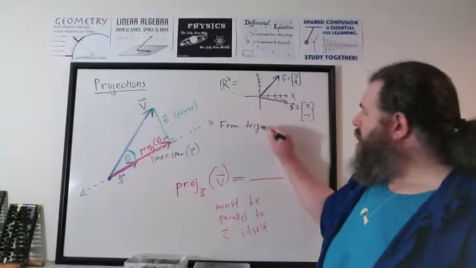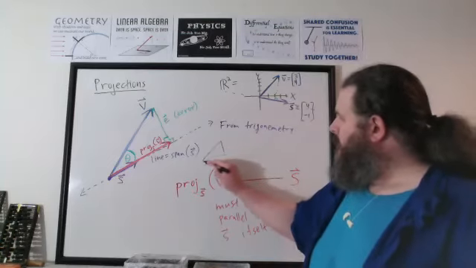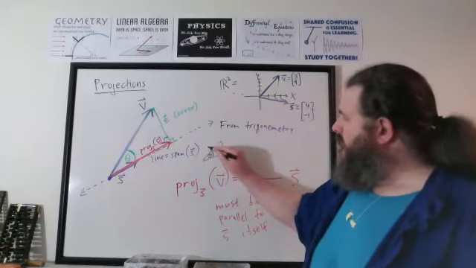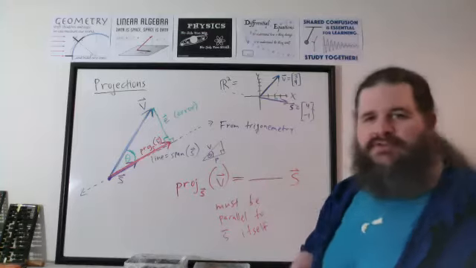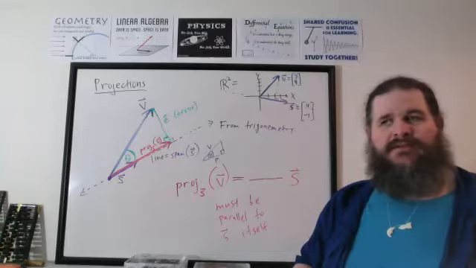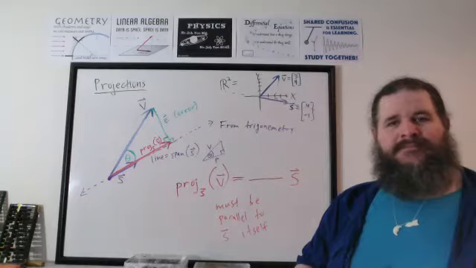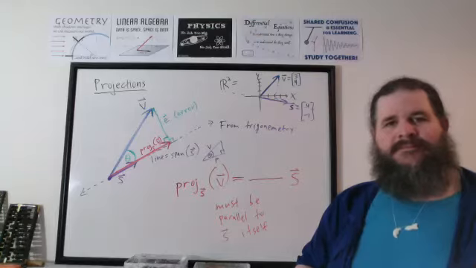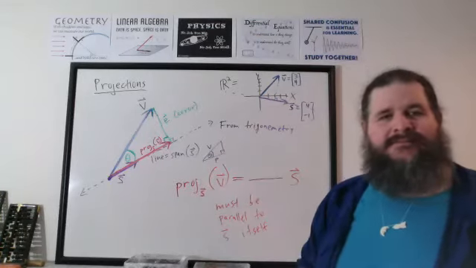Based on right triangle trigonometry, if you just have theta and this side, let's call it V, and this side, let's call P for projection, how would you write out the relationship between side V and side P using theta and trigonometry? What trigonometric function is going to relate the adjacent side and the hypotenuse?